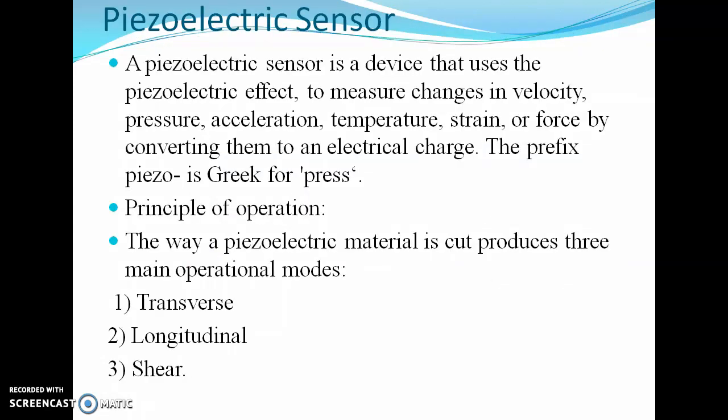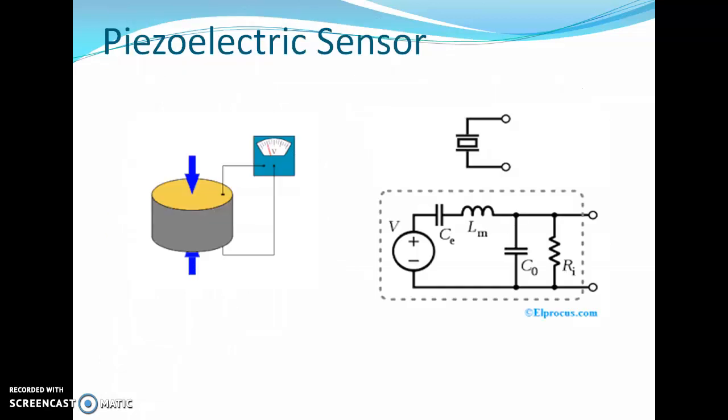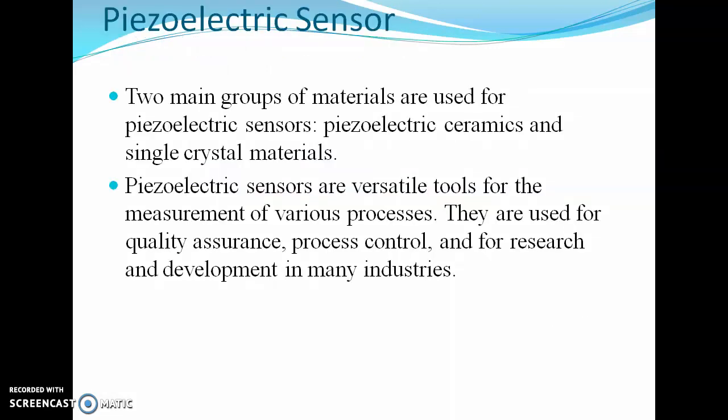Then piezoelectric sensor. So this is a piezoelectric material which is applied to a voltmeter. So when we press the piezoelectric material, voltage will get generated. Circuit diagram for piezoelectric sensor. So basically it is used in quality assurance and process control.